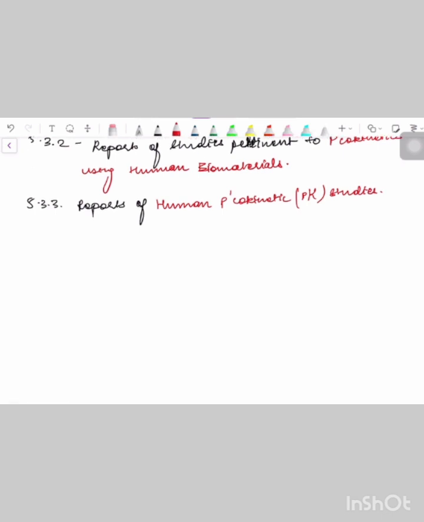Similarly, in 5.3.4, you will have reports of human, can you guess what it would be? It would be human pharmacodynamic, that is PD studies. That is how we will remember this. We'll not mugify it, we'll learn it by logic.